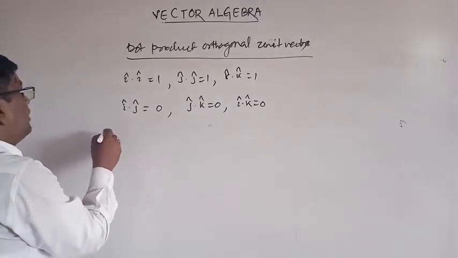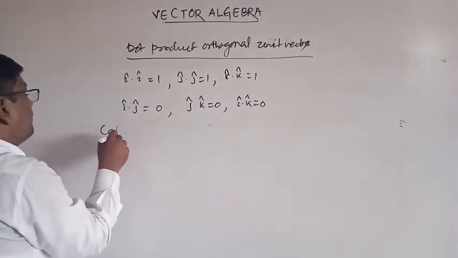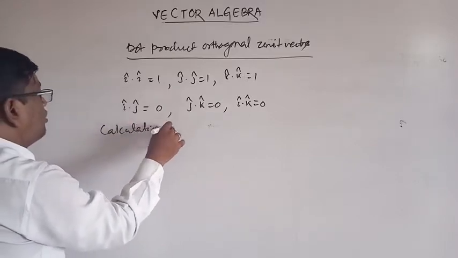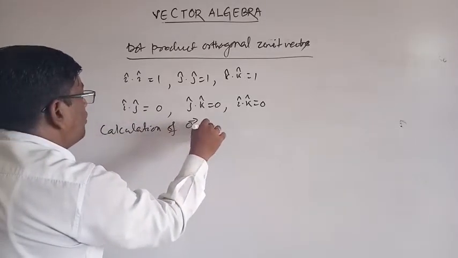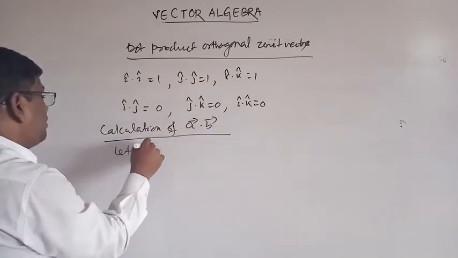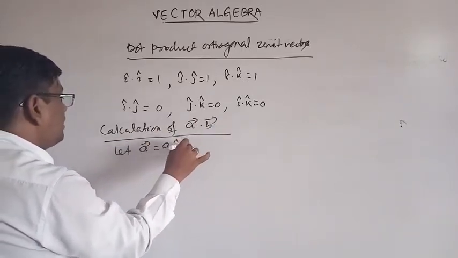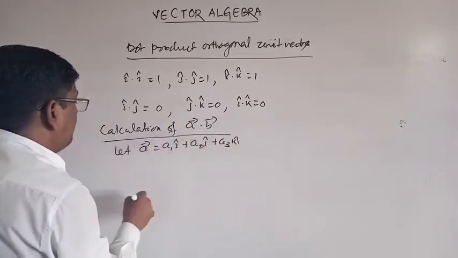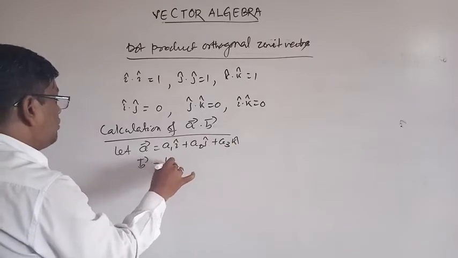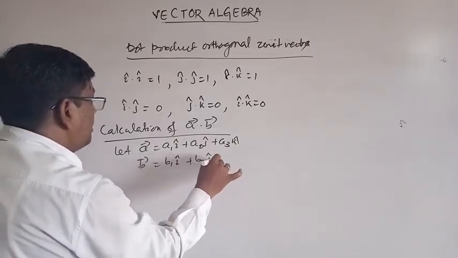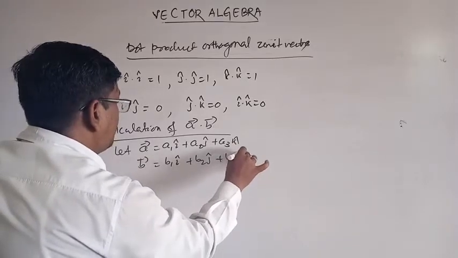So now calculation of A dot B. Let vector A be equal to A1 I cap plus A2 J cap plus A3 K cap, and vector B be equal to B1 I cap plus B2 J cap plus B3 K cap.